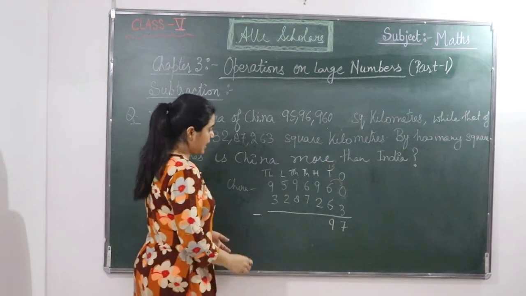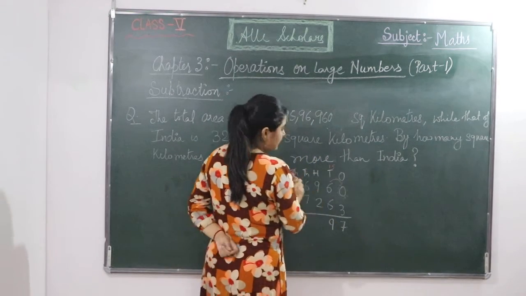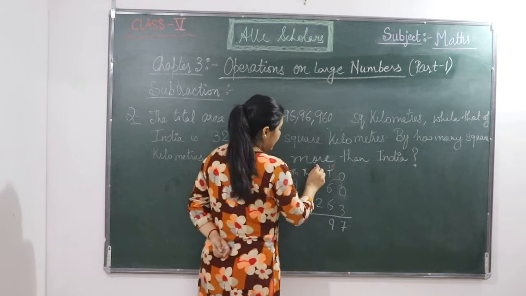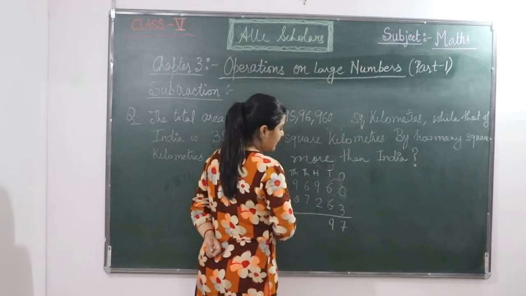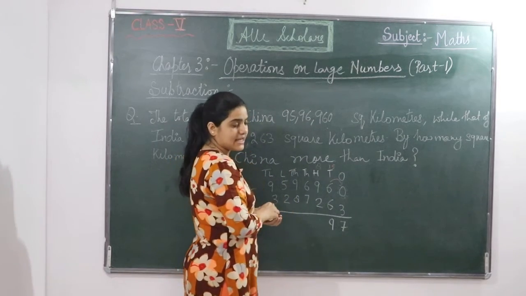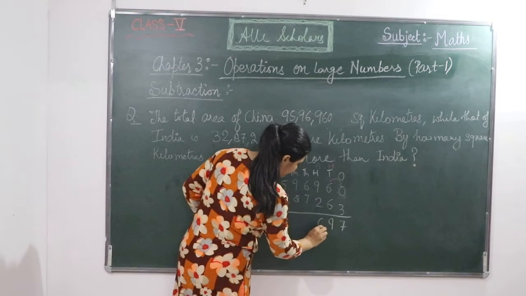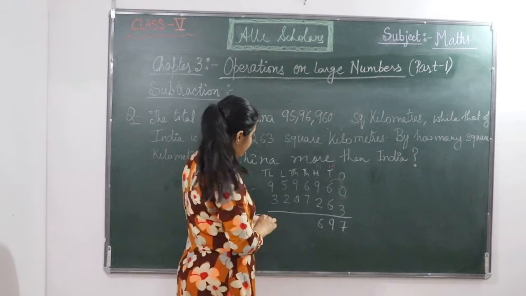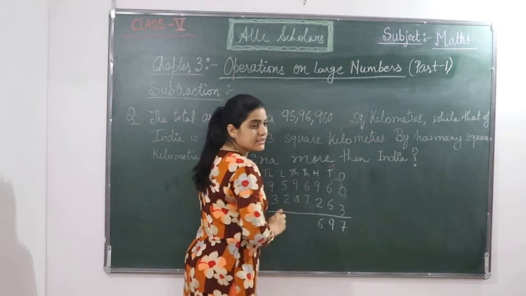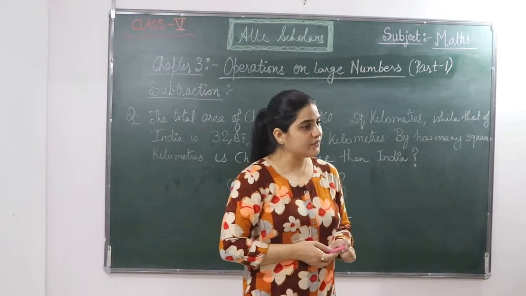Here comes 9. Now here instead of 9, what is left? Since it has given 1 carry, 8 is left. 8 minus 2 gives you 6. So here we will write 6. Now here again 6 minus 7. Is it possible to minus 6 from 7?